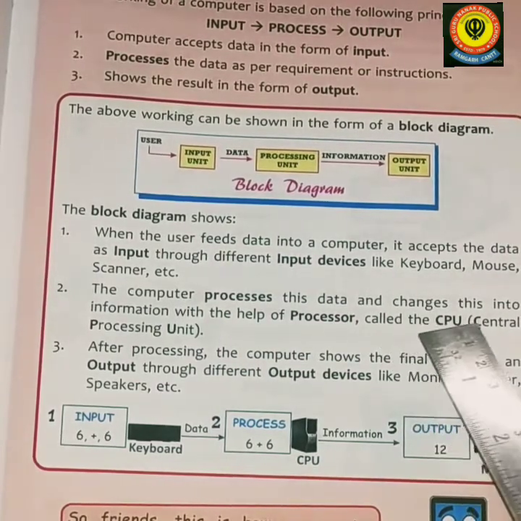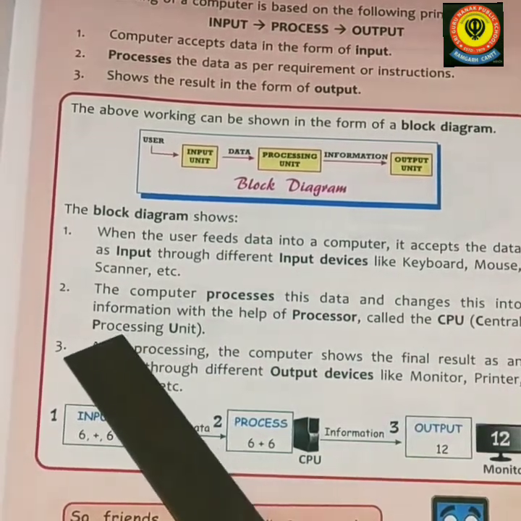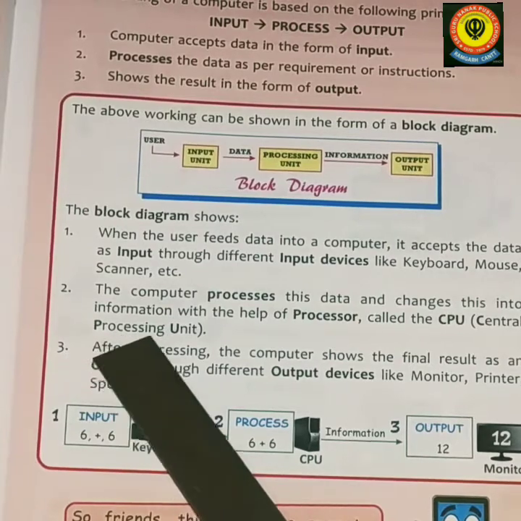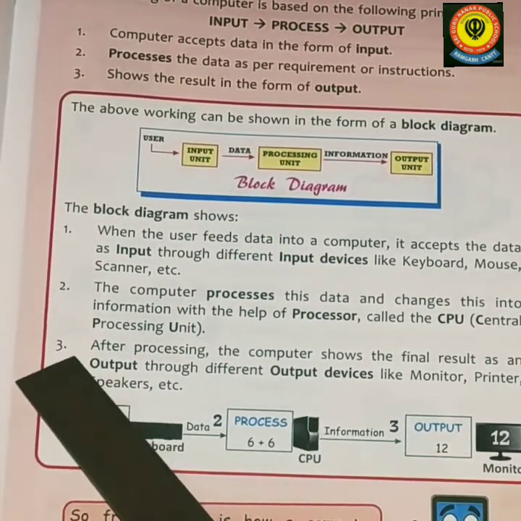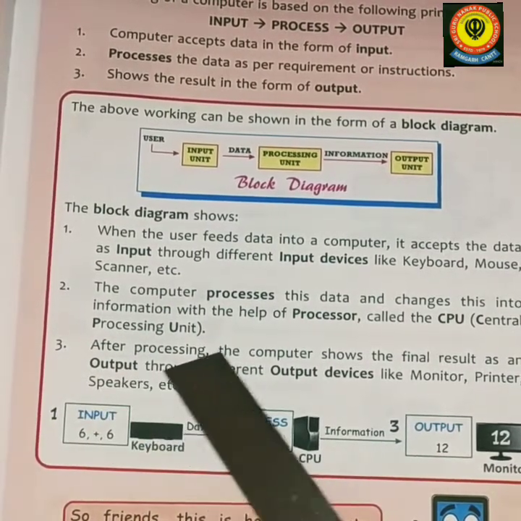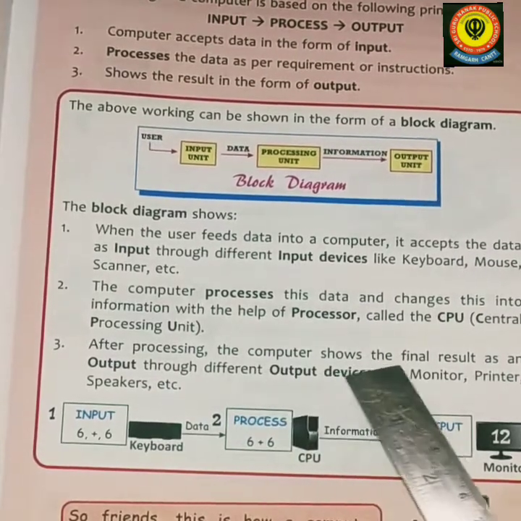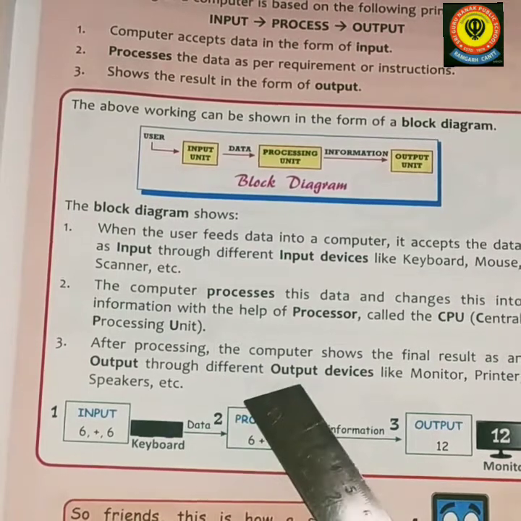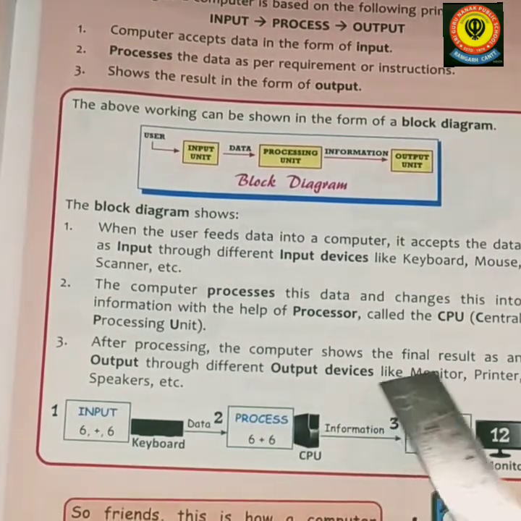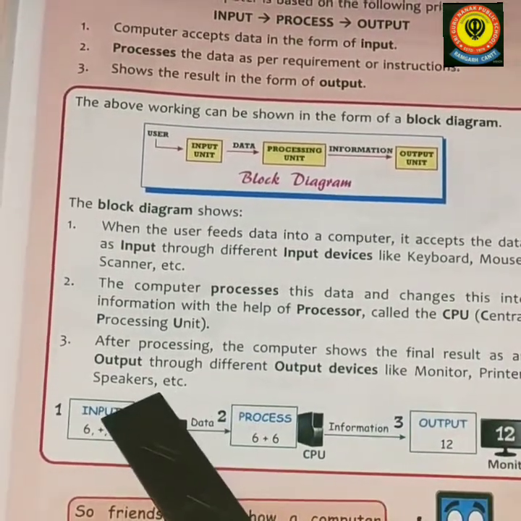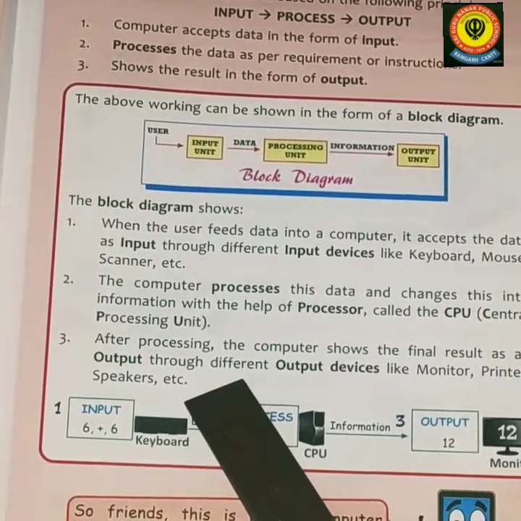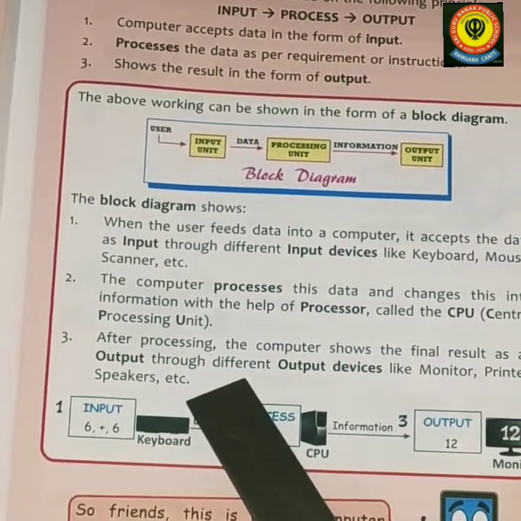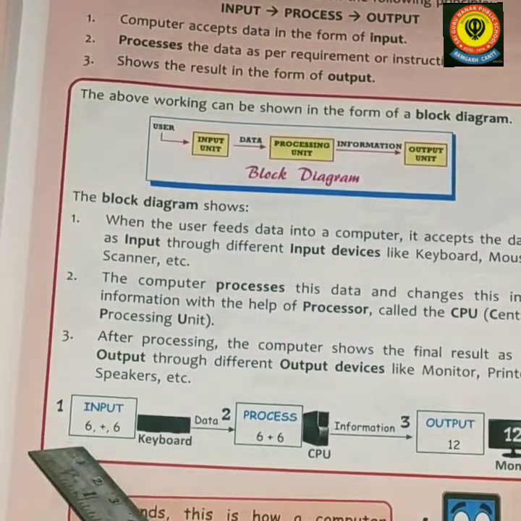The full form of CPU is Central Processing Unit. Next, third, after processing, it shows the final result as output through different output devices like monitor, printer, speaker, etc. So we came to know that output devices are monitor, printer, speaker, etc.